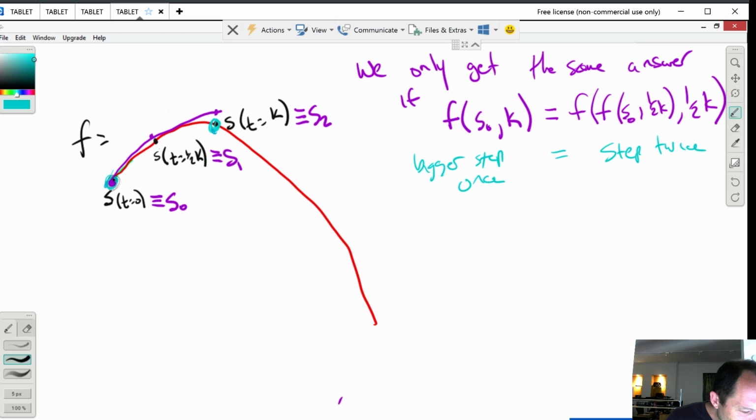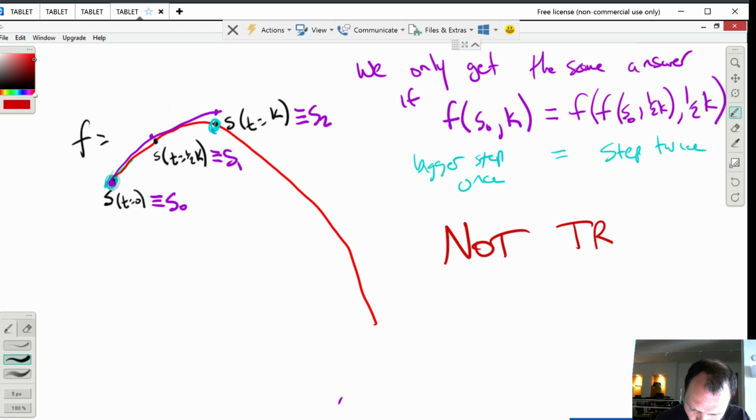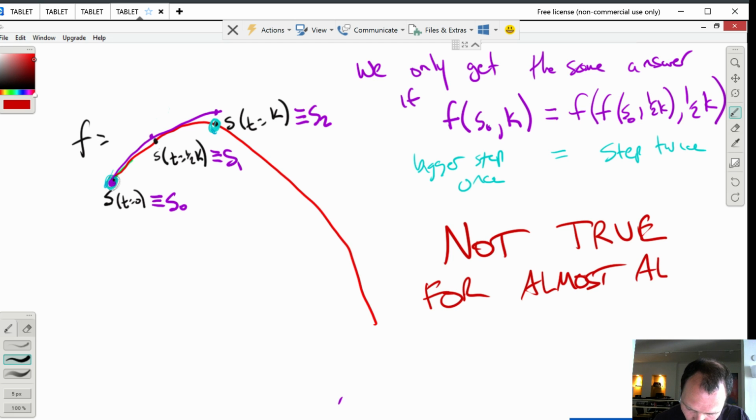Now, the problem is this is not true for almost all f. So you need a specially designed f to do this, and like I said, that function may not be nice. It may not actually be what you want.